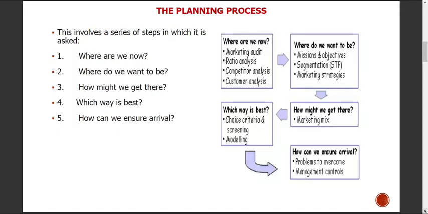Market planning involves a series of steps, and the first step is where you are now. Where you are now means making a marketing audit, that is analyzing the entire environment of the industry, making a ratio analysis, which means comparing the inputs and outputs to see whether you were able to make profits.